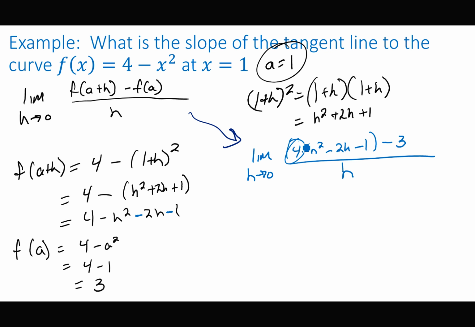Now we should see 4 minus 1 gets us 3, minus 3 gets us 0. So really all we have, the limit as h approaches 0, we have negative h squared minus 2h all over h. Cannot evaluate in this form because h is a 0 in the denominator, but let's do some factoring.